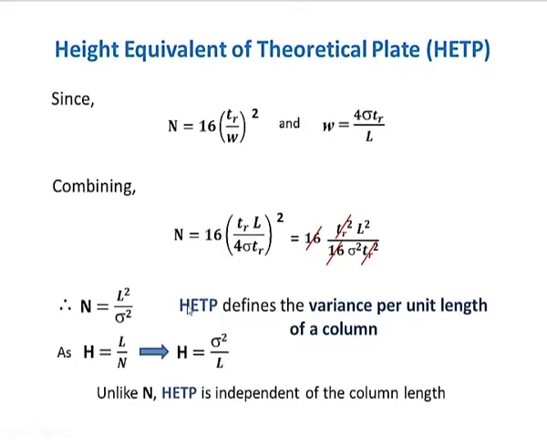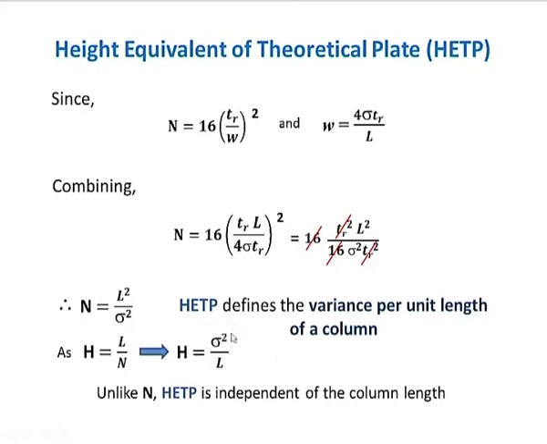That means HETP, which is height equivalent of a theoretical plate, or H, is defined as variance per unit length of a column. The sigma square is a statistical property. It is called variance, and it is associated every time with a Gaussian shaped curve or a Gaussian shaped peak.